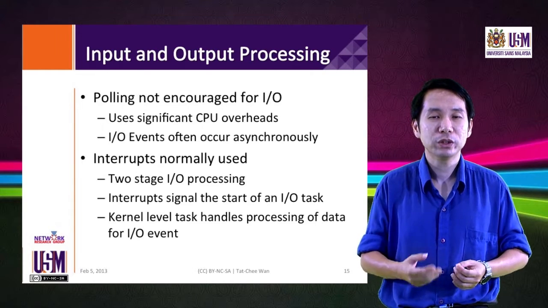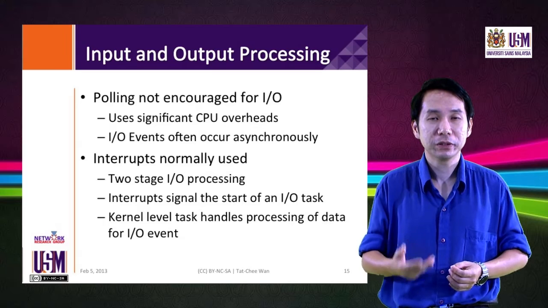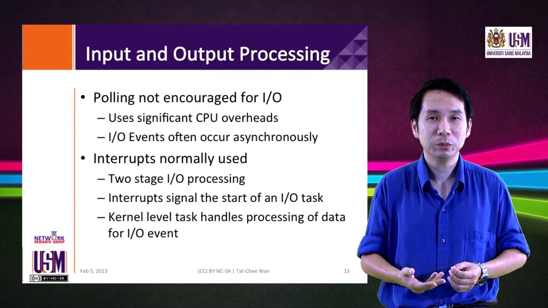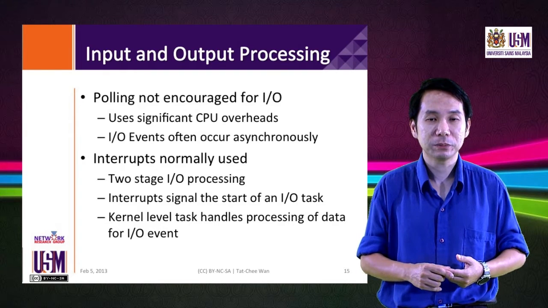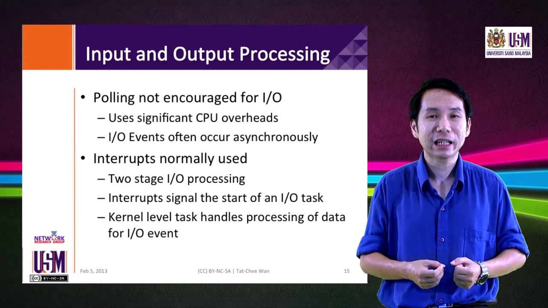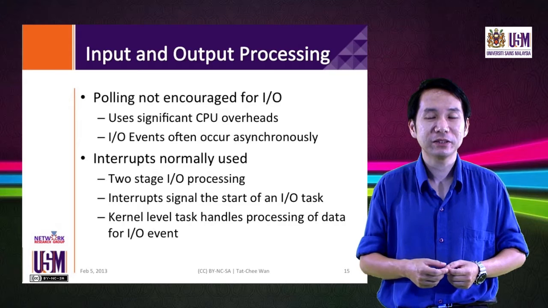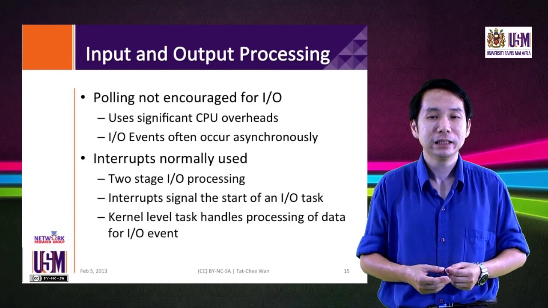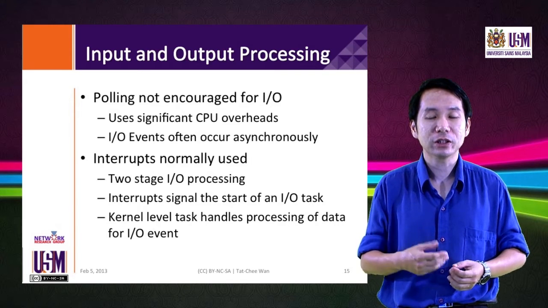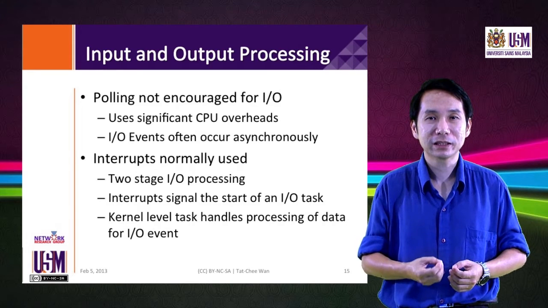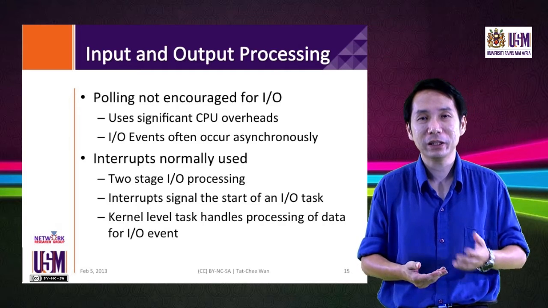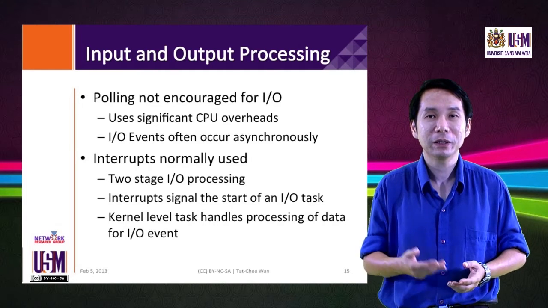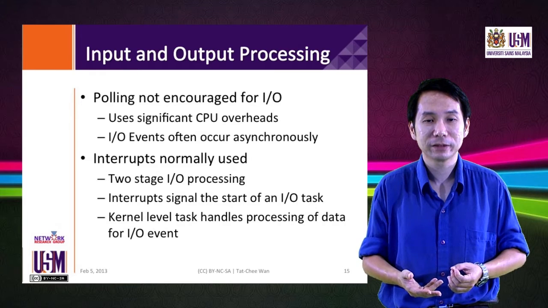We have studied input and output processing previously, but to recap, there are two types of input and output approaches. First is polling, and second is interrupt driven. Now, polling is not encouraged for I/O because it uses significant CPU overheads. And since I/O events often occur asynchronously, it is difficult to have a consistent response time when we are polling, because the event may occur after we finish the polling step and move on to other processing steps.